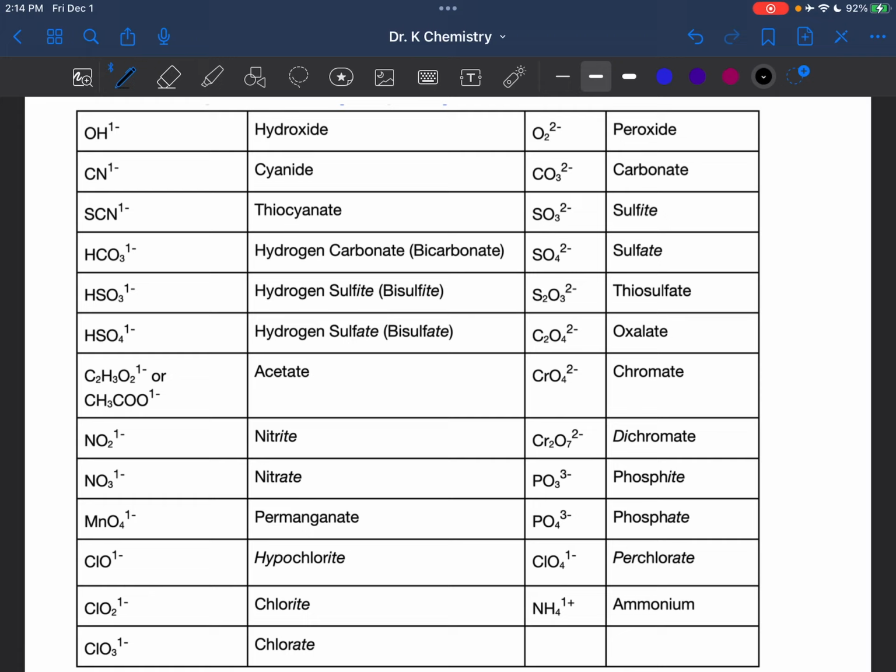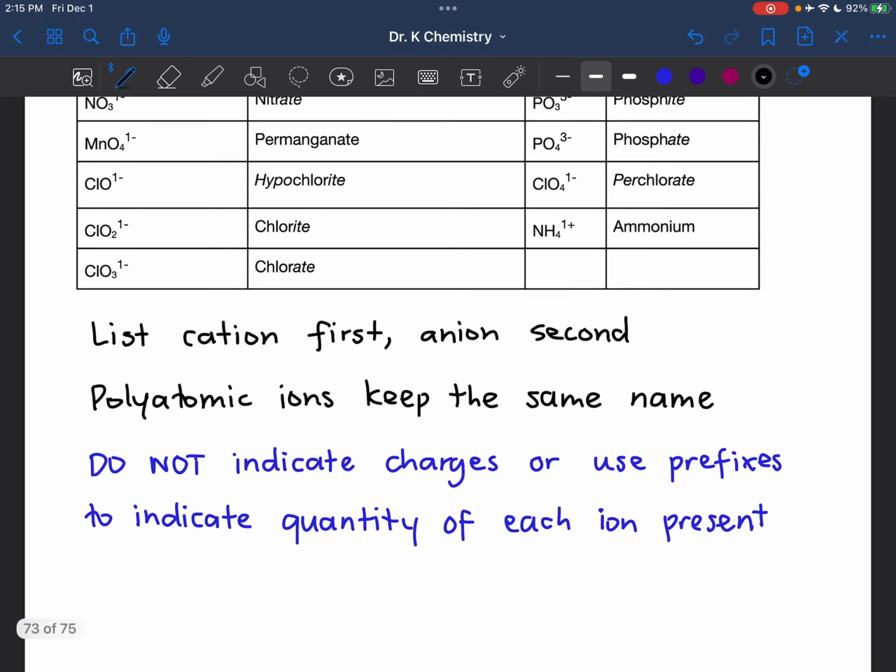Sometimes students get thrown off because, in some cases, these formulas contain only nonmetals, and then students are tempted to name them as covalent compounds. So just be very, very careful with that. The trick involves making sure that you have the polyatomic ions memorized and that you can recognize them in the formula. The actual naming system is not too challenging.